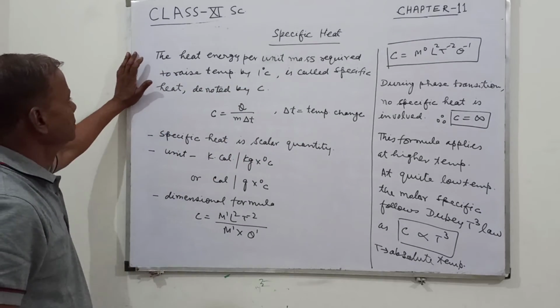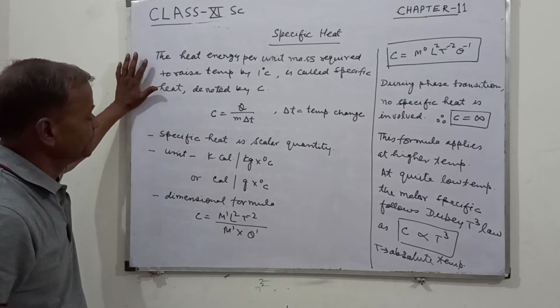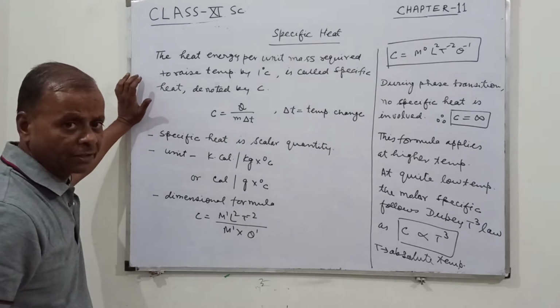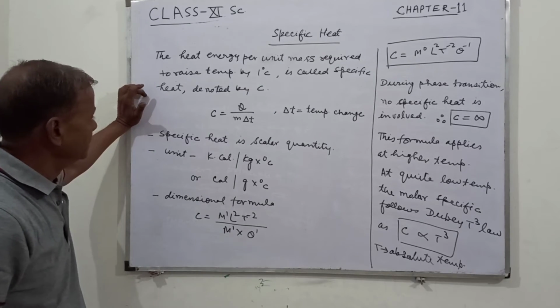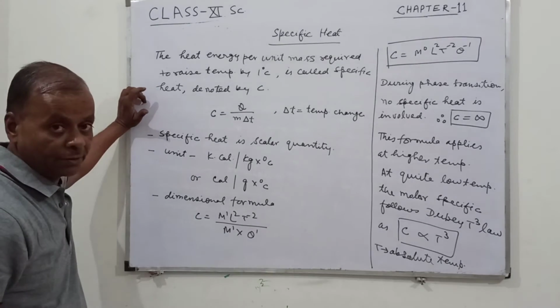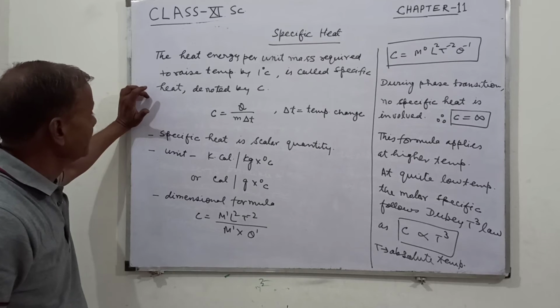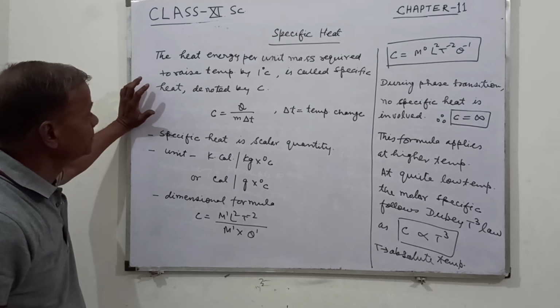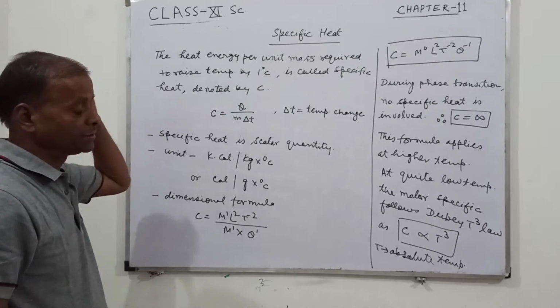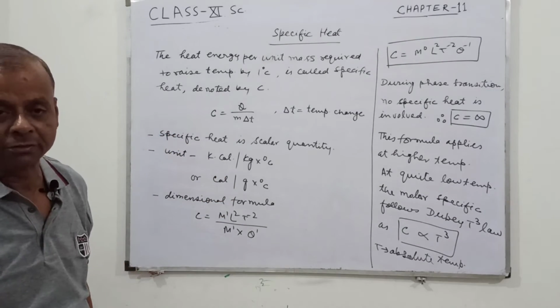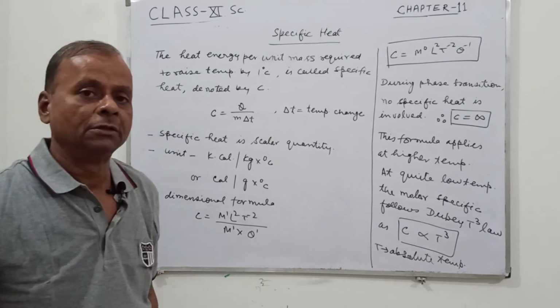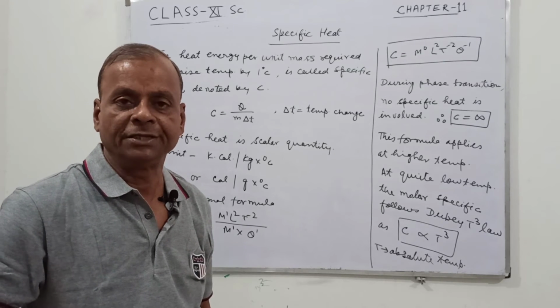So actually at room temperature and somewhat low temperature, where transition does not take place, this specific heat plays an important role. The specific heat tells you, when the matter is given heat, how quickly or slowly it will absorb the heat.